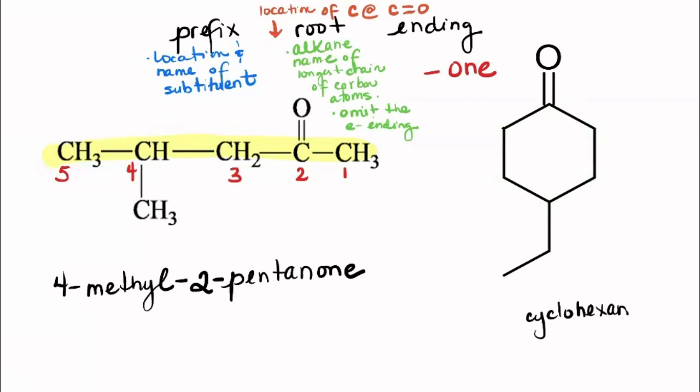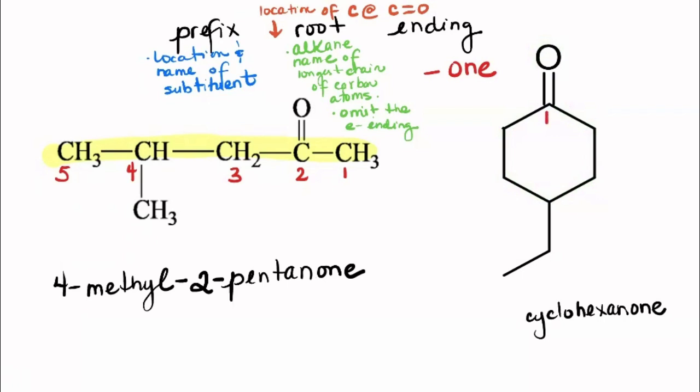Next, we have to put the correct ending, which for a ketone is -one. So cyclohexanone is going to be specifically this part of the molecule. When you have a cyclic ketone, the C double bond O is carbon 1.